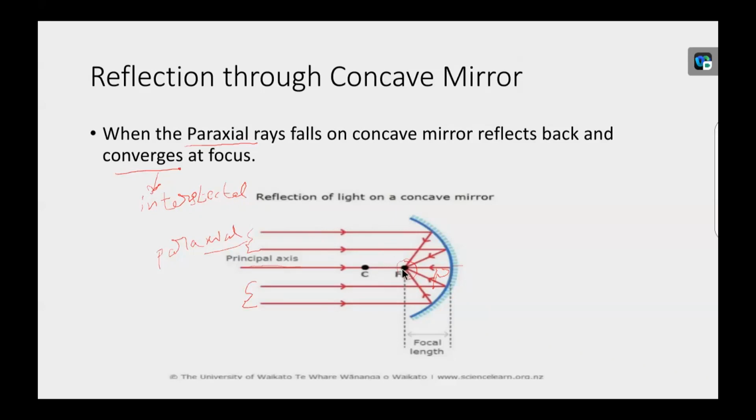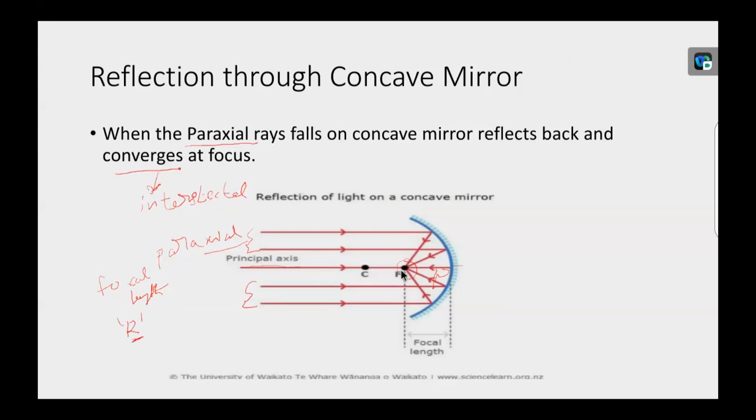Now, the distance from the focus to the pole we call the focal length. And the distance from the center of curvature to the pole we call the radius of curvature, denoted by the capital letter R. When paraxial or parallel rays fall on a concave mirror, after reflection they converge at one point.